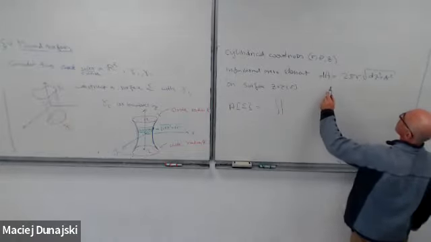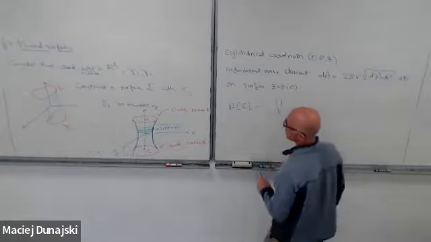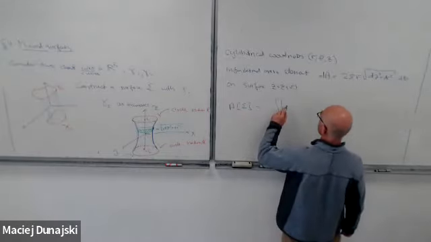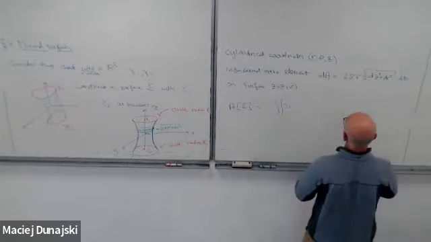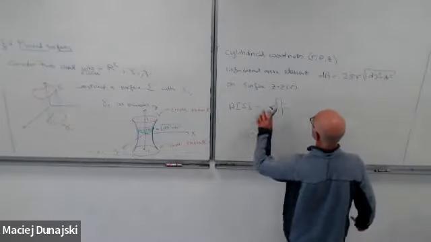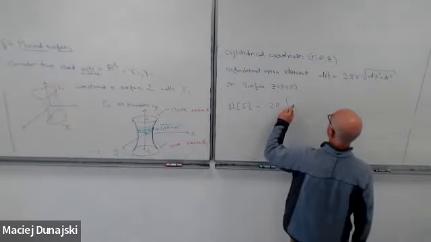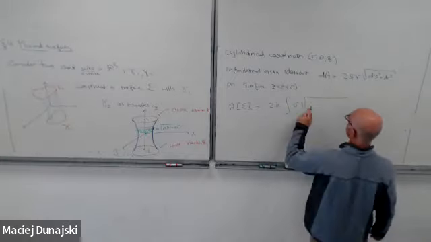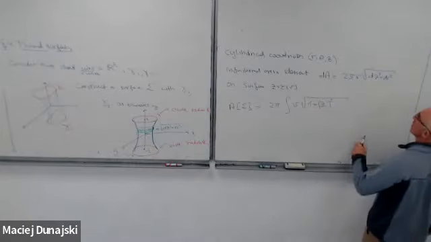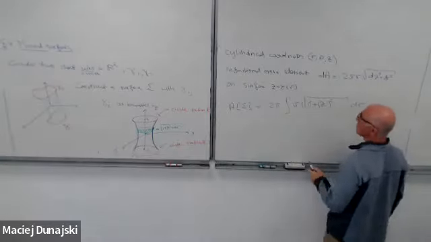Actually, I don't have the theta integral because I already put in 2 pi, so I've done the theta integral and just have one integral: 2 pi integral of r times the square root of 1 plus z prime squared. Maybe I made the right choice.